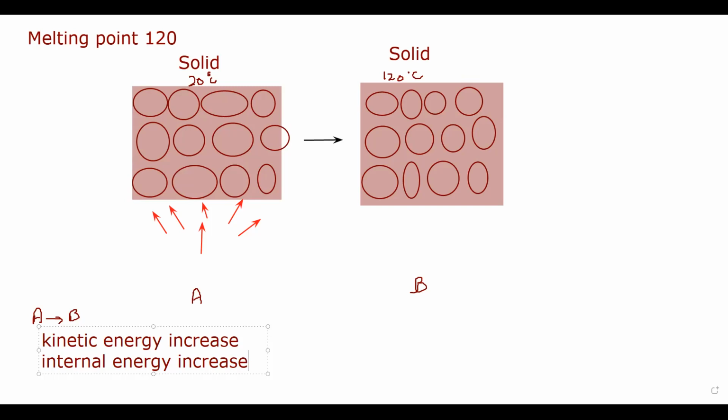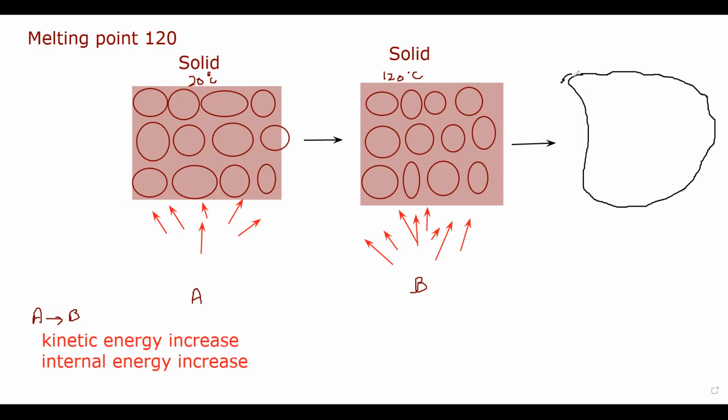But we did not stop heating it. We continue to heat this substance. When it reaches 120, we continue to heat the substance. Because 120 is the melting point, the substance will start to change the state and turn into a liquid.